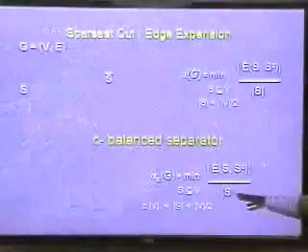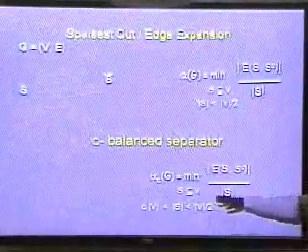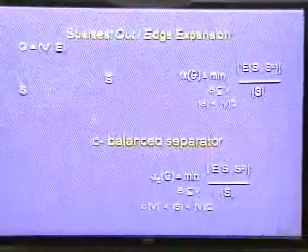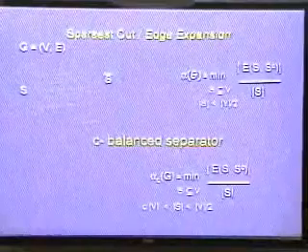C-balance separator is a related version of this problem where you insist that each side of the cut contains a constant fraction of the vertices, a fraction C of the vertices. And the objective is the same.